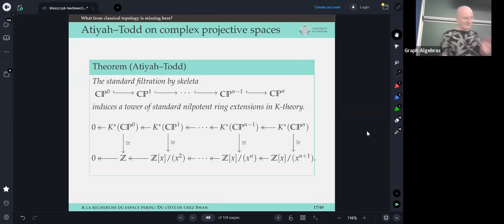And every map between these K-theories of skeleta is simply reduction modulo lower and lower powers of this variable x. And this variable x can be very easily described.